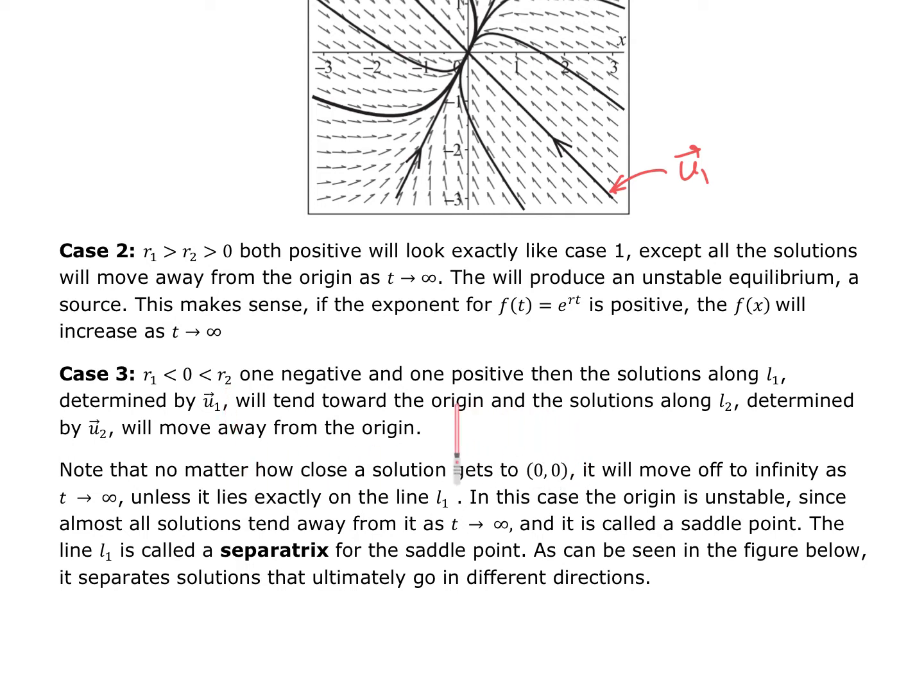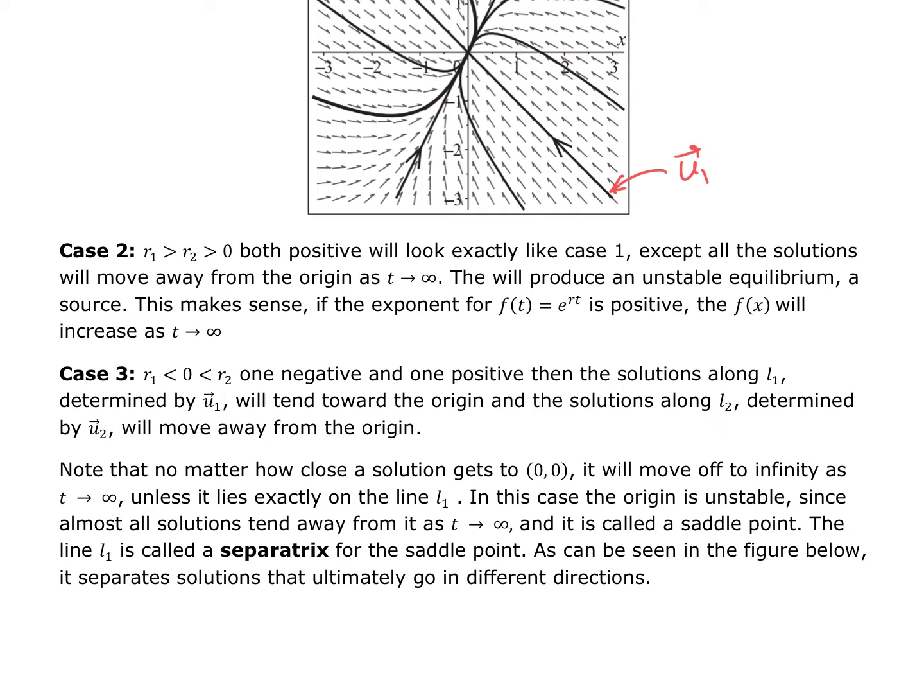Then the solutions will trend toward the origin if they lie along L1. They will trend away from the origin if the solutions are along line 2, because line 2 is positive, trending away from the origin. Again, positive means to move away, negative means to move toward.